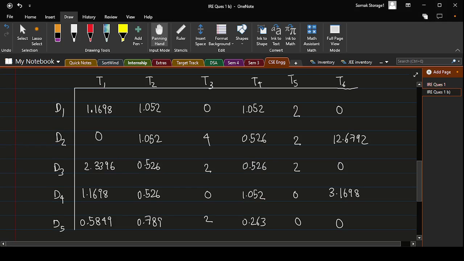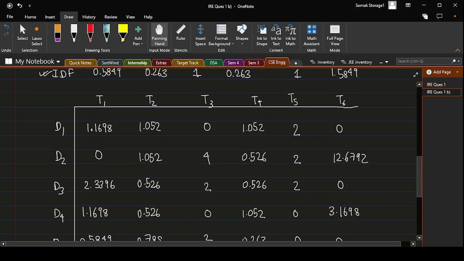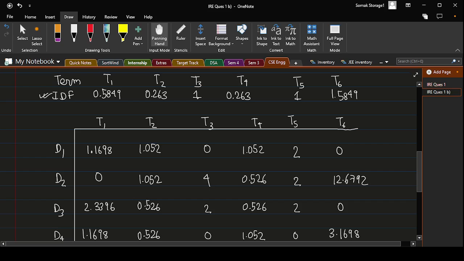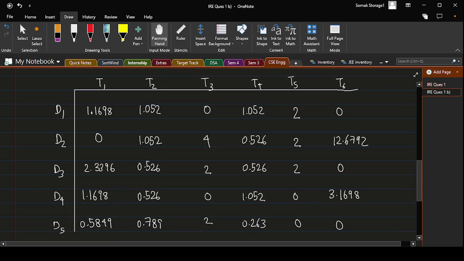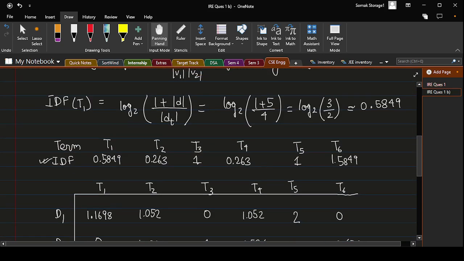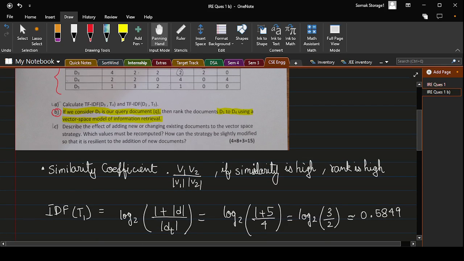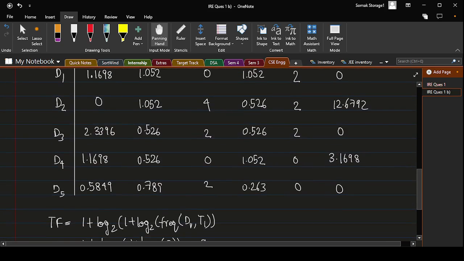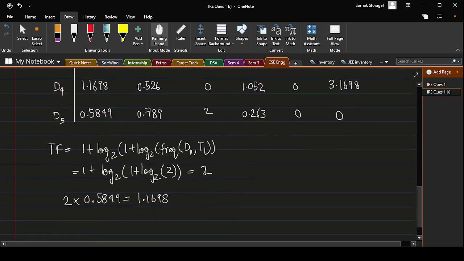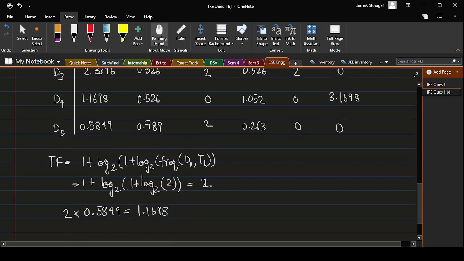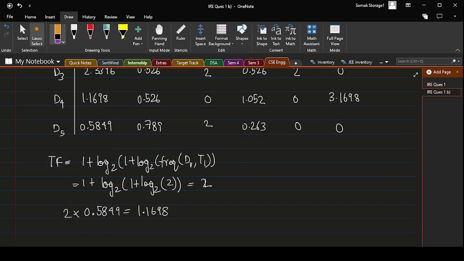Okay, so now I have filled the table with the values as I have discussed earlier, right? And now we will just proceed with the method of calculating the rank of the documents with D5 as our given query. So what we need to do here is, let me first erase this part.